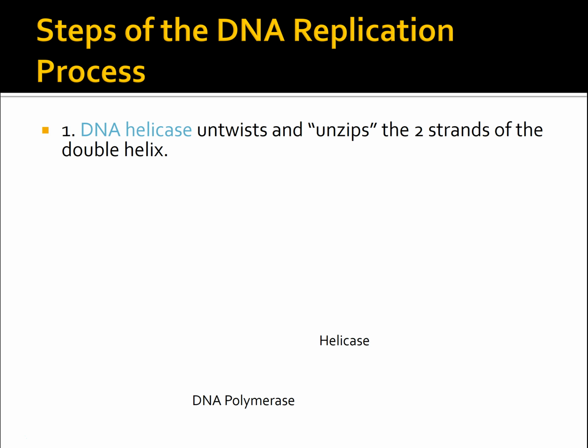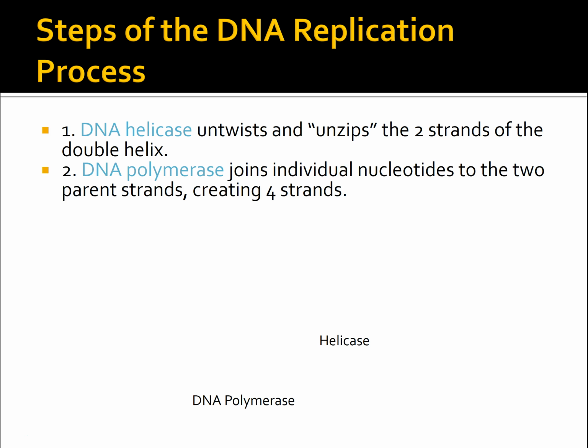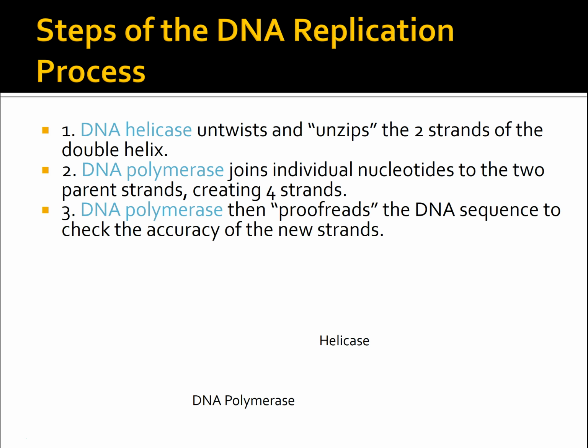So helicase untwists and unzips the two strands of the double helix. And then DNA polymerase joins individual nucleotides to the two parent strands. So it untwists and unzips, and the two strands separate, and then the individual nucleotides are brought in by DNA polymerase, and they join to the two original parent strands, creating the four, just like in the picture that I showed you a couple slides back.